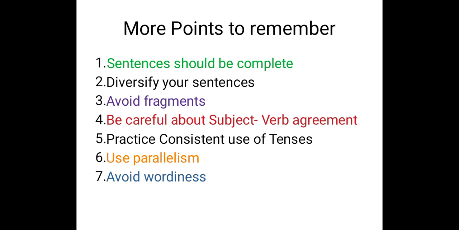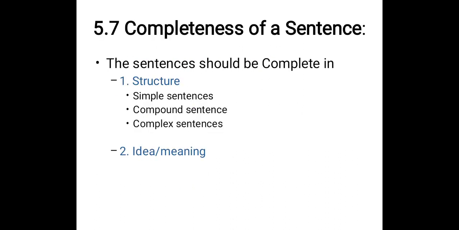You should be careful about subject-verb agreement. You will have to practice consistent use of tenses. You can also use parallelism to make your writing attractive. And remember to avoid wordiness from your sentences and writing. We will discuss all these points one by one in the video.